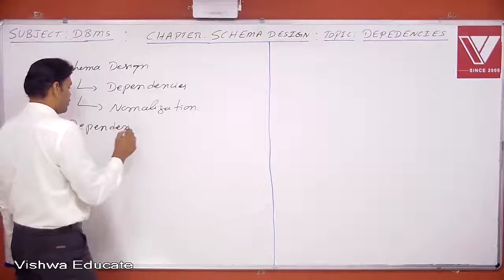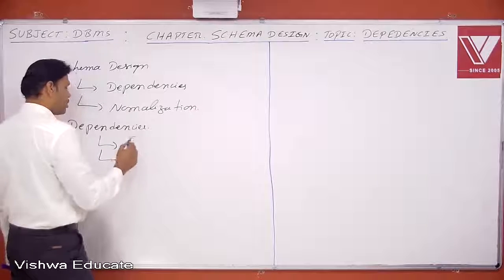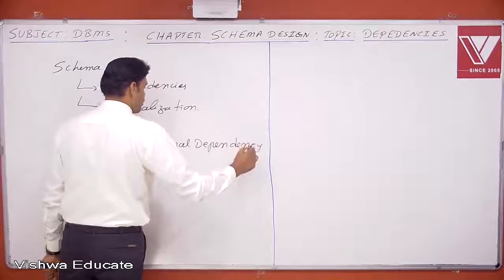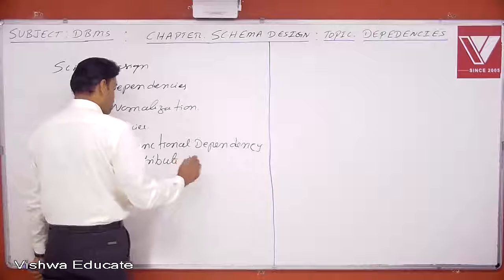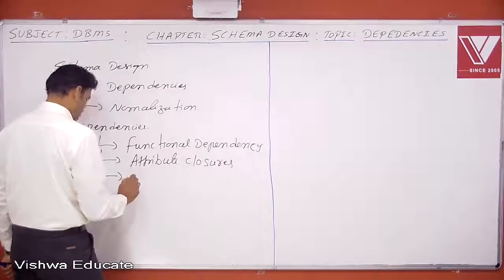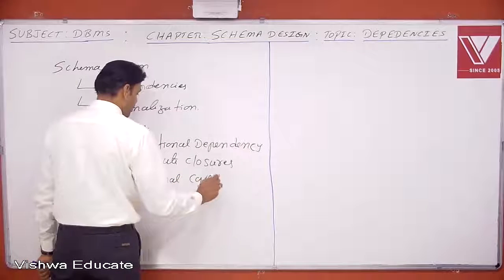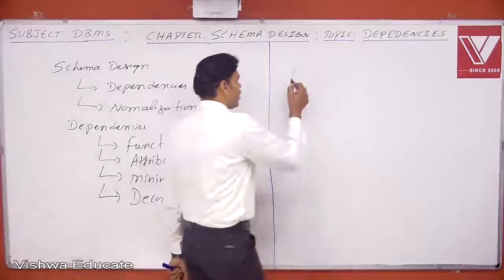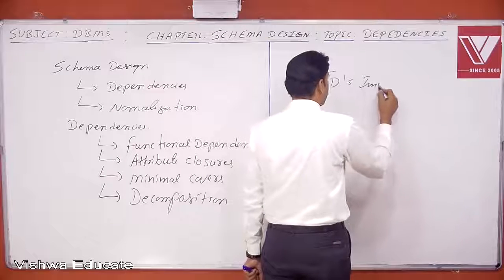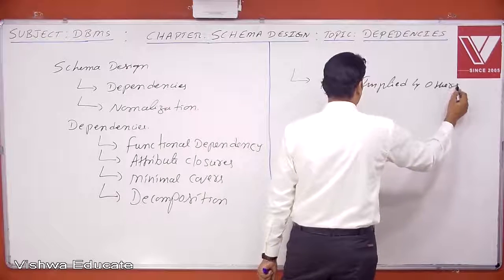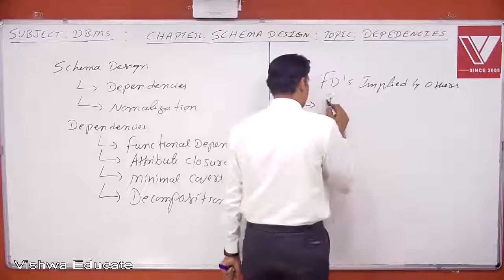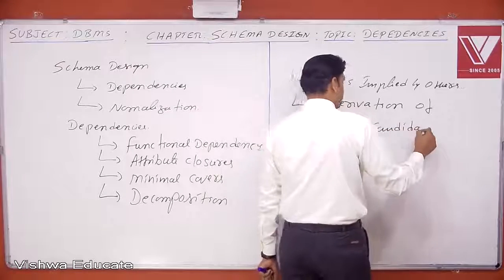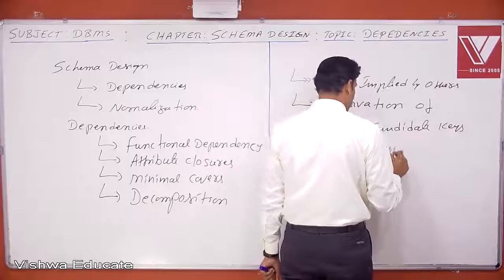In dependencies, we would like to discuss a few subtopics, that is functional dependencies, attribute closures, minimal covers, decompositions, FDs implied by others, derivation of candidate keys and super keys.